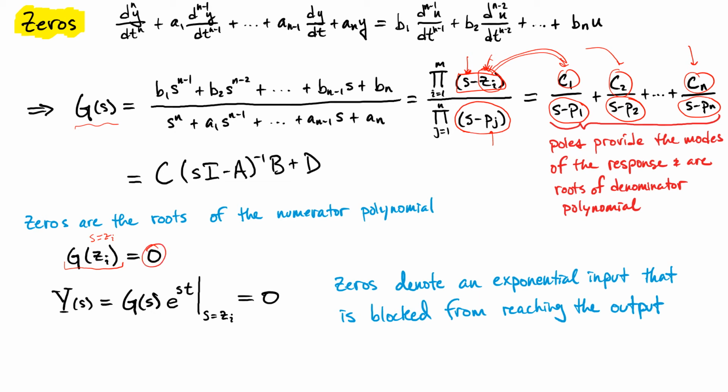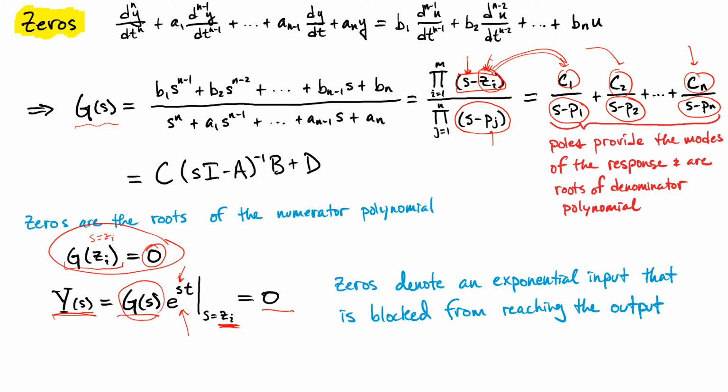And one of the ways to interpret that is that if you have an output that's going through a block with transfer function G that has a 0 at z_i, and you inject an input that is an exponential at s equal to z_i, so now this exponential's characteristic constant s is at the same place as one of the zeros of your transfer function, that means that the resulting output is 0.